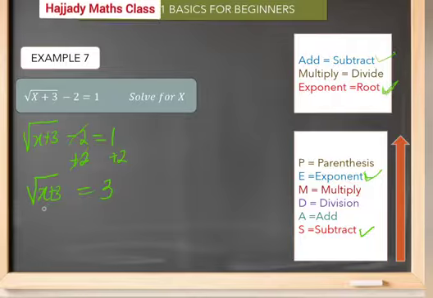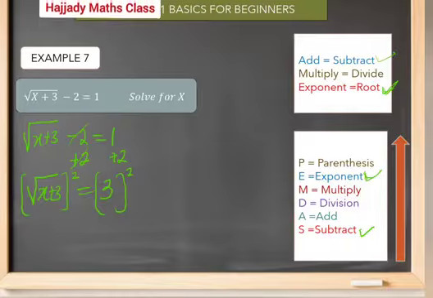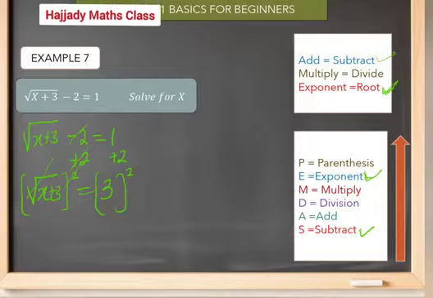Now, here we have the root. What do you do when you have the root? You apply the exponents. So the exponent for the square root is squared. That is, for the square root, you need to square both sides. If it is cube root, you find the cube root of both sides, so that this can eliminate the root.